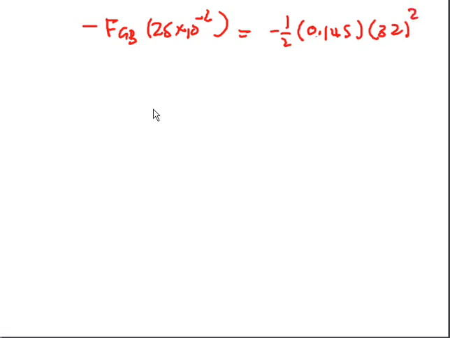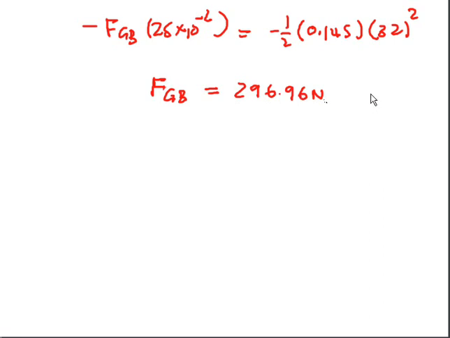And of course, when you compute all of that, you will simply find that the force exerted by the glove on the ball is simply equal to 296.96 newtons.